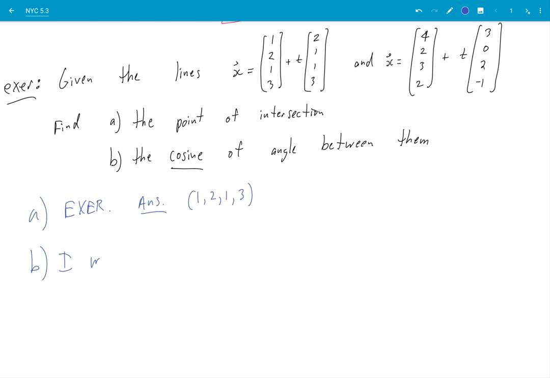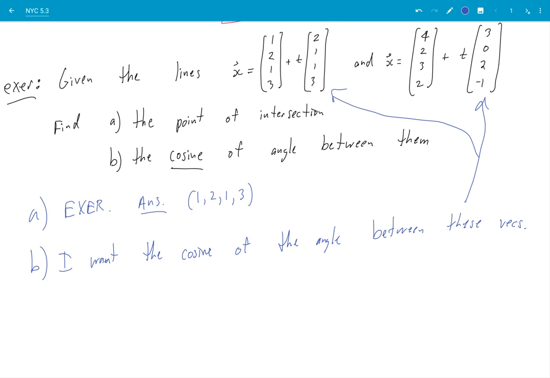I want the cosine of the angle between these vectors. And by these, I mean the two direction vectors.